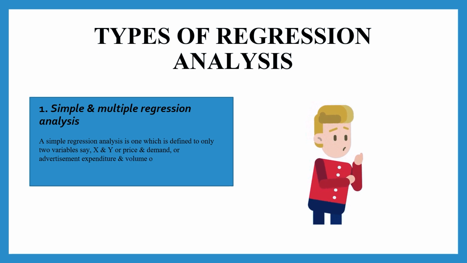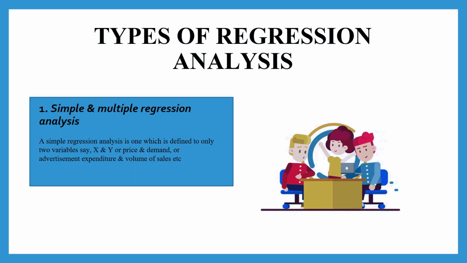The variable whose values are estimated is called the dependent, regressed, or explained variable, and the variable that serves as the basis of determining the value of the other variable is called the independent, regressing, or explanatory variable.